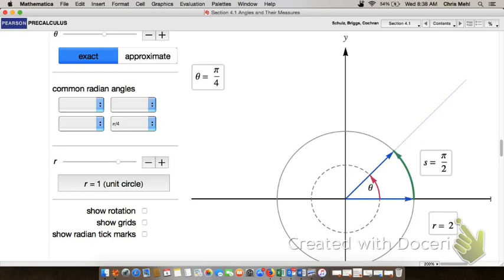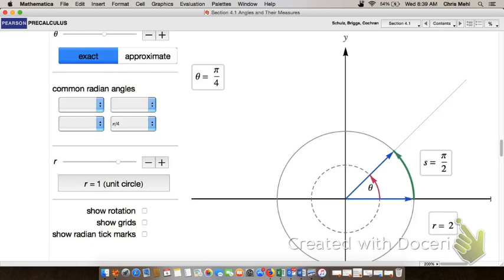Notice you've got an angle that's formed that's pi over 4. If you look at the picture on the bottom right, if you start at the initial side and you rotate by pi over 4 radians, that traces out an arc length of pi over 2, so that would be the distance traveled on the edge of the circle, and the radius here would be positive 2.